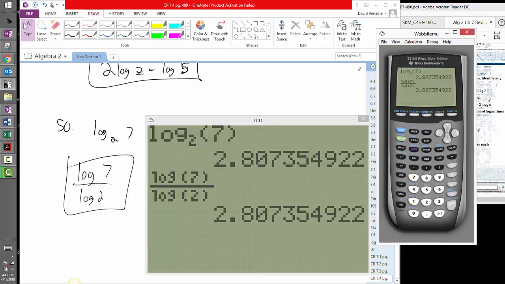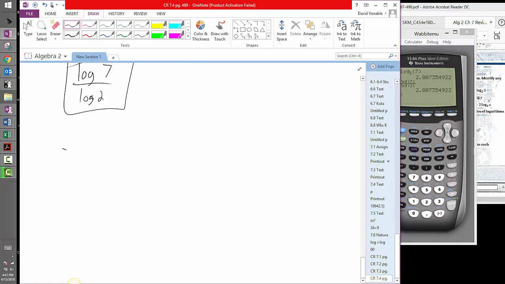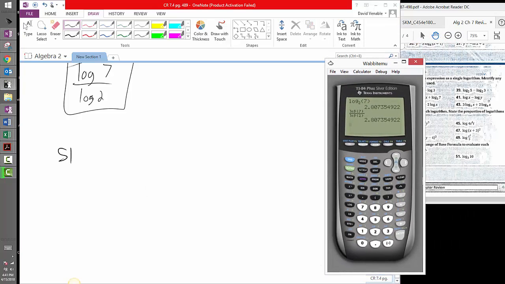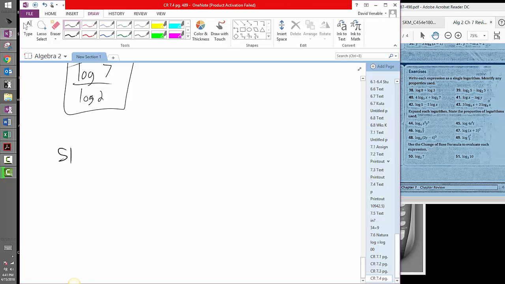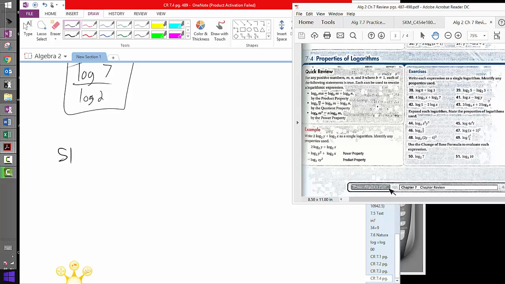Now that we showed that it does work, for the last one, 51, I don't really have to check it in my calculator again. Because I know that it does work, I can just write for 51. You see that it is log base 3 of 10. Now, notice that's not log base 10 of 3. That's log base 3 of 10.